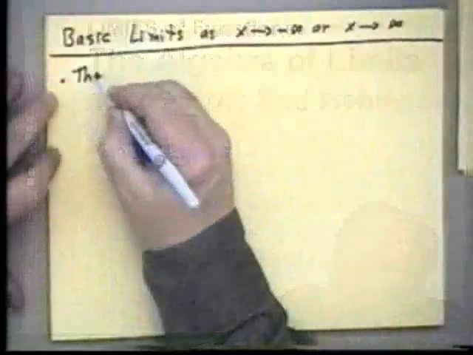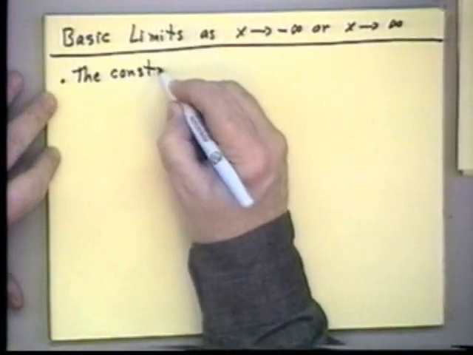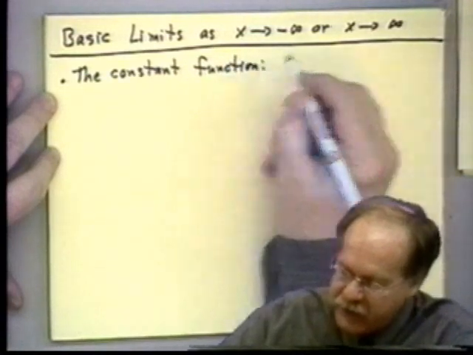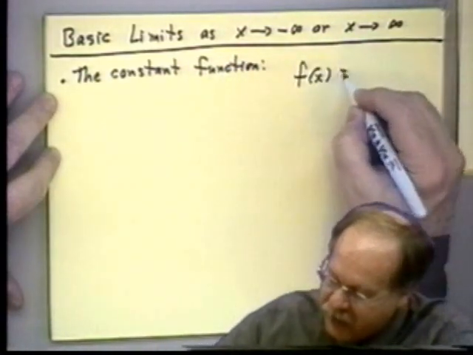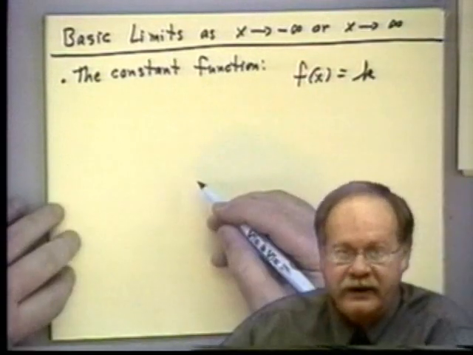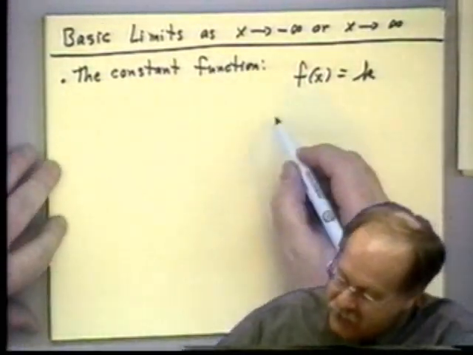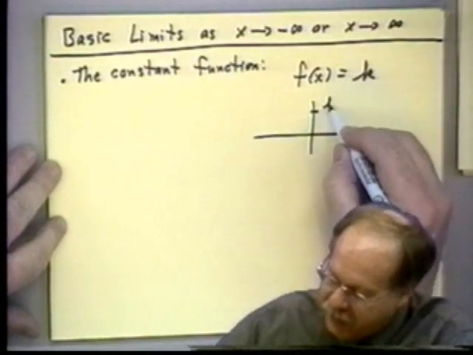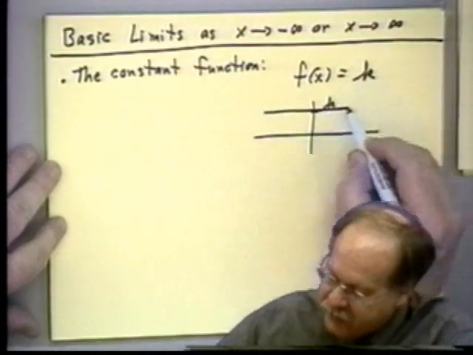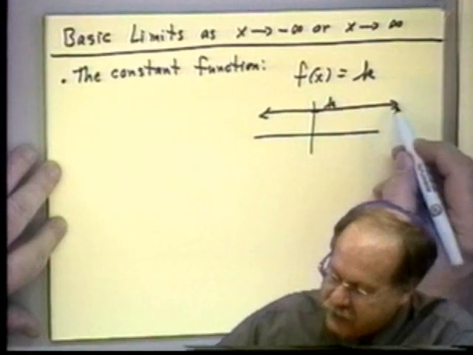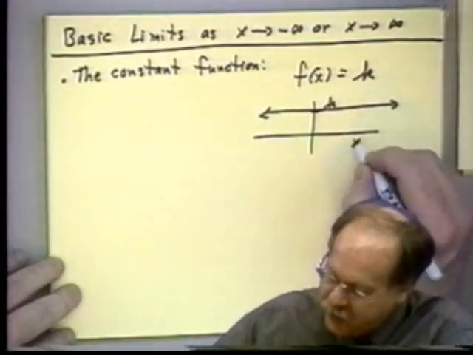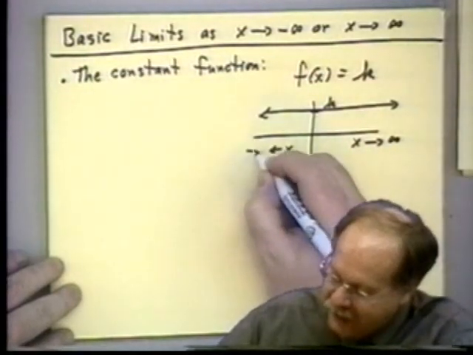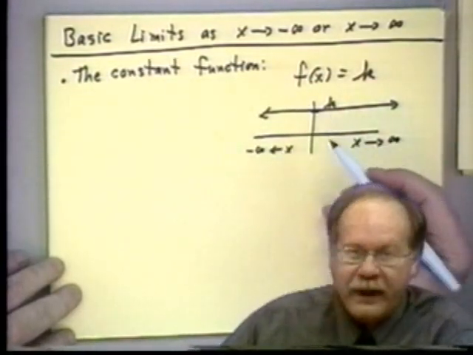The first one, as usual, is the constant function. That's our very familiar and easy function. This is where f of x equals some constant. I'll just use k to indicate a constant here. And in that case, you remember what the graph looks like. If the k is positive, for example, in this picture, then the graph is simply the horizontal line at the height k. So you might guess as x goes to infinity, or as x goes in the other direction to minus infinity, what happens to the function?